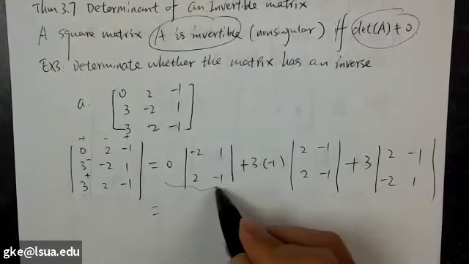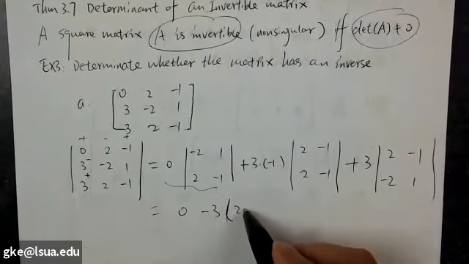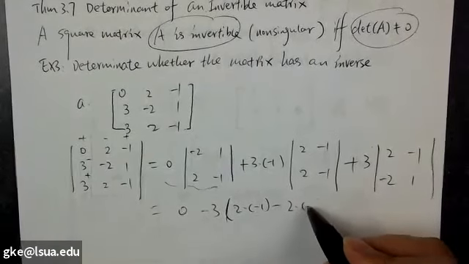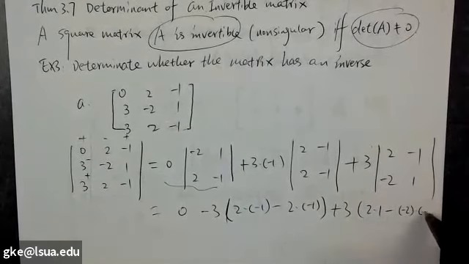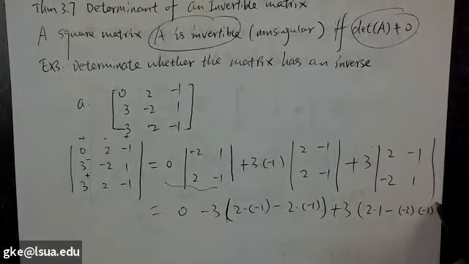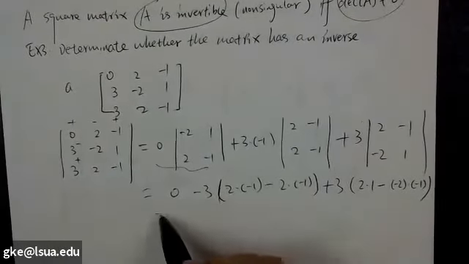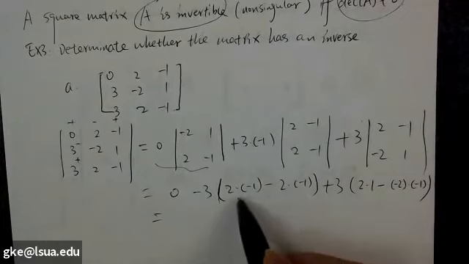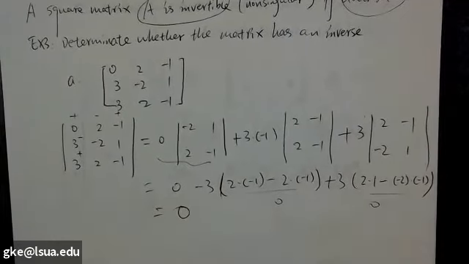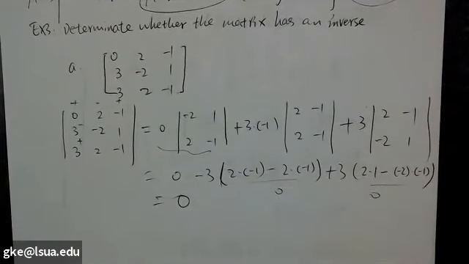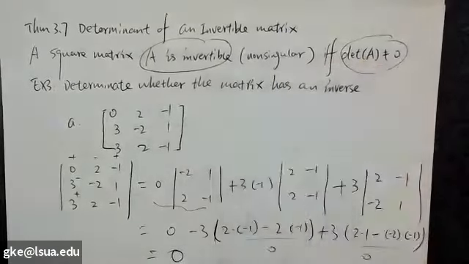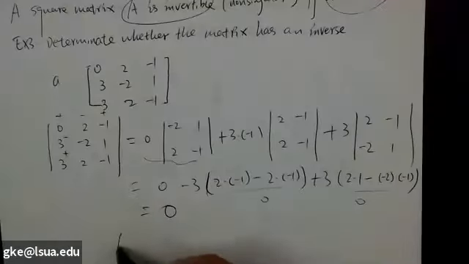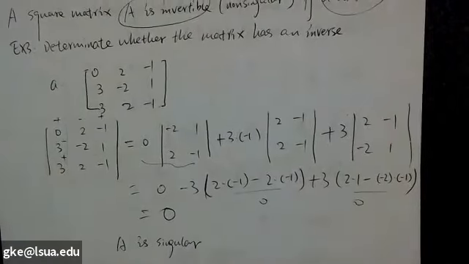Basically the first term is 0, then -3 times (2 times -1, 2 times -1), then 3 times (2 times 1 minus -2 times -1). This will be 2, 0. This is 0, this is 0. You're going to get 0. So based on theorem 3.7, if this equals 0, that means A is singular or non-invertible.